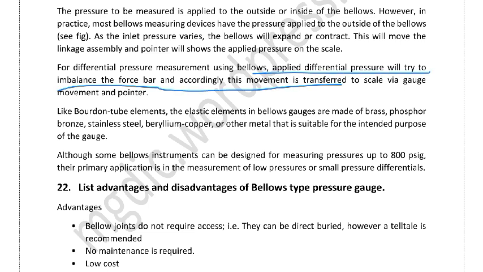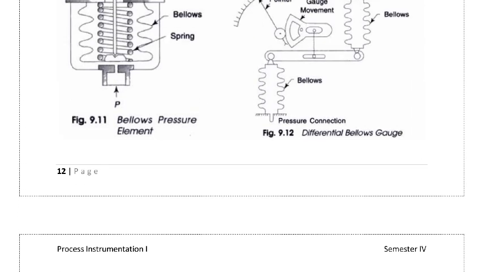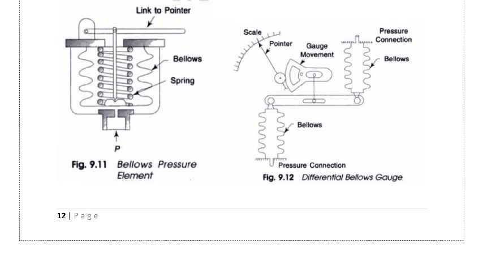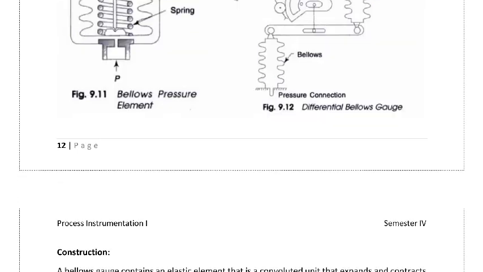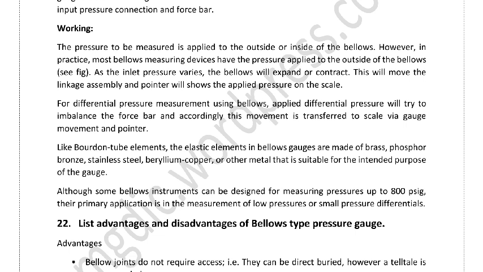Accordingly, this movement is transferred to the scale, gauge movement and pointer. That means what we have discussed previously: pressure is applied here and here, so this will go out of balance. Based on this imbalance, the pointer will indicate its reading. So the working is very simple.